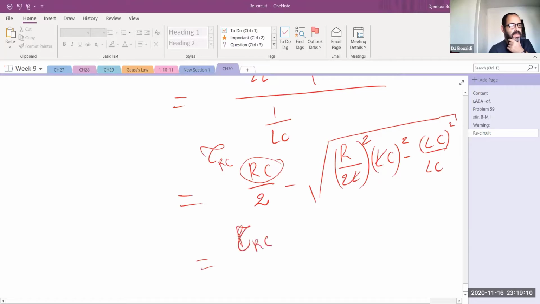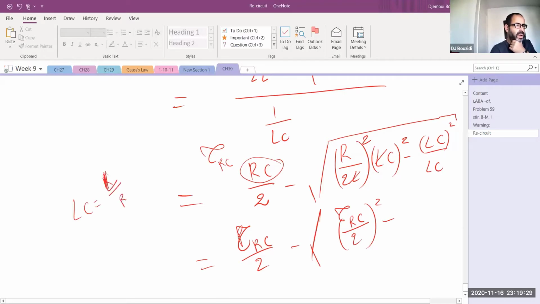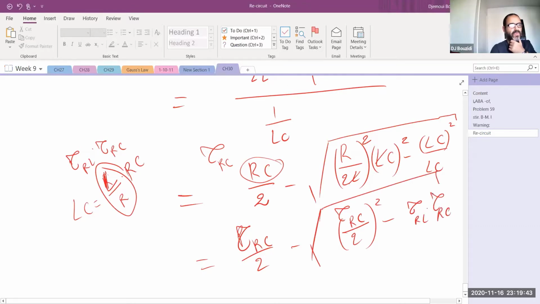So this is tau RC over 2 minus the square root of (RC over 2) squared, minus, again, I will be left with an L times C, and an L times C is, I'm sorry, an L over R times RC. And this is what we have defined as tau RL, and this is tau RC. So this is actually tau RL times tau RC. So this is the proof for it.